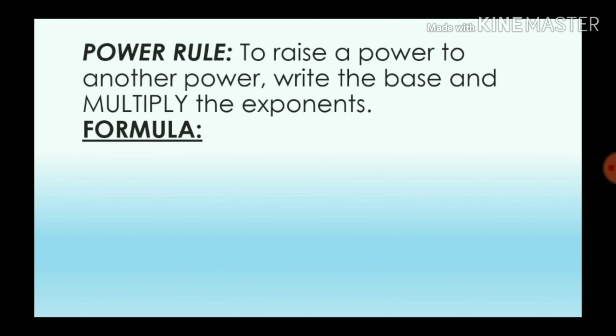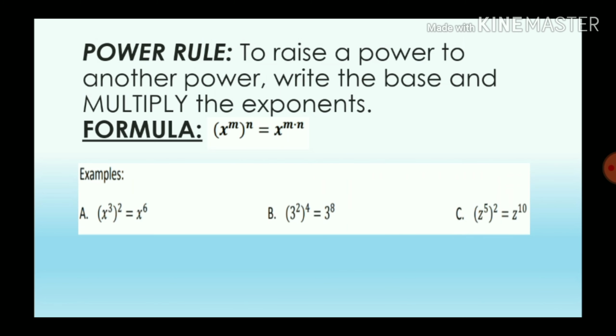Power rule. To raise a power to another power, write the base and multiply the exponents. Formula: x to the power of m, to the power of n, is equal to x to the power of m times n. Examples.